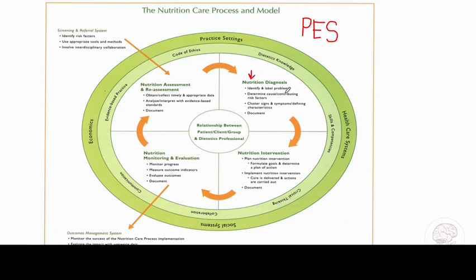That's our diagnosis. Our underlying etiology is what's causing it. The signs and symptoms should be things that we note in our assessment. And then our intervention should address the problem. We should monitor and evaluate the same things that we note in our signs and symptoms.